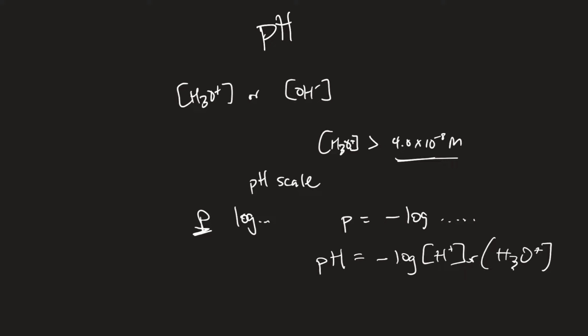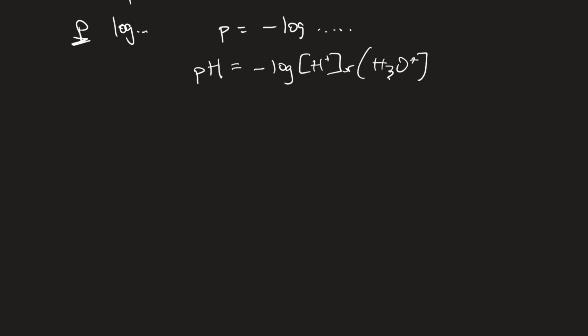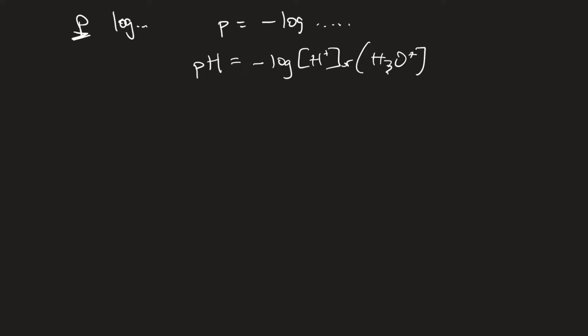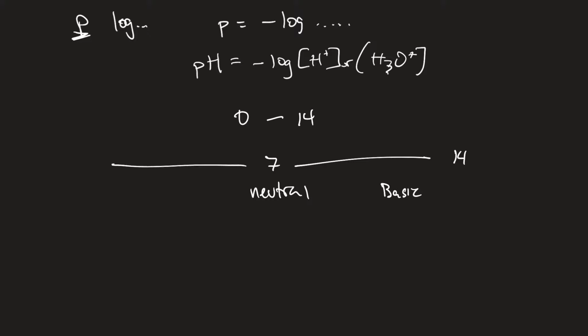The scale of pH that we use is from 0 through 14, where 7 is considered neutral. Anywhere above 7 you have a basic solution, and anything below 7 you have an acidic solution. So this is your pH scale altogether.